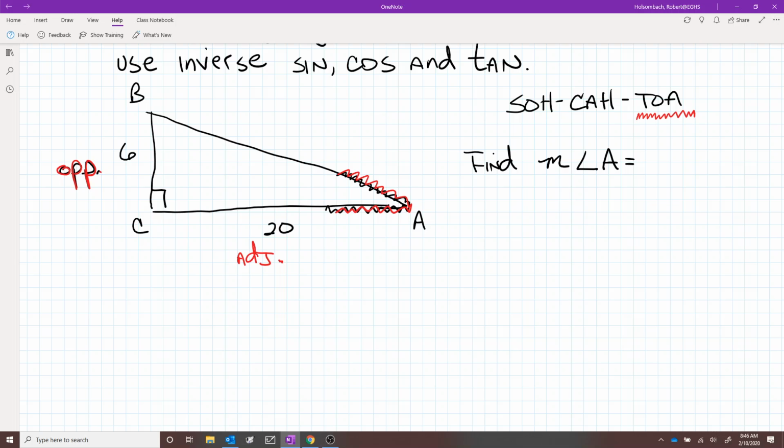But since we're finding an angle measure, we're going to be using the inverse function. So now, here's what our expression will look like.